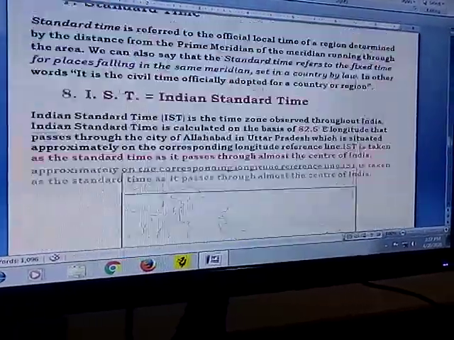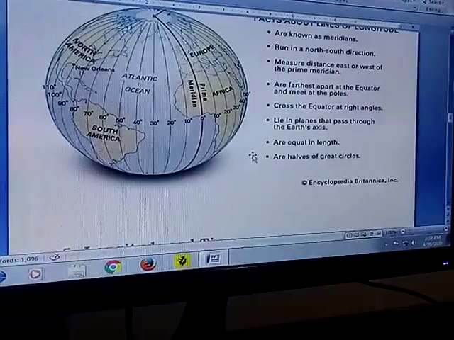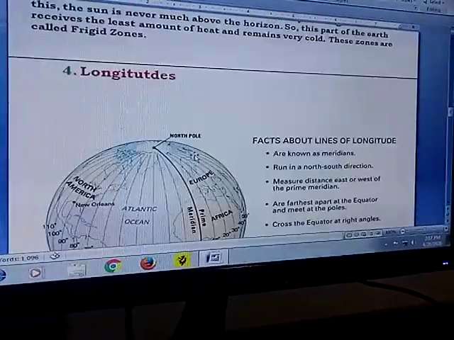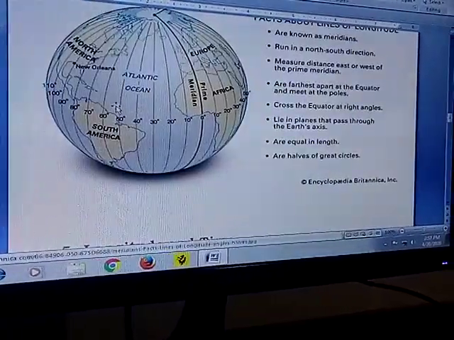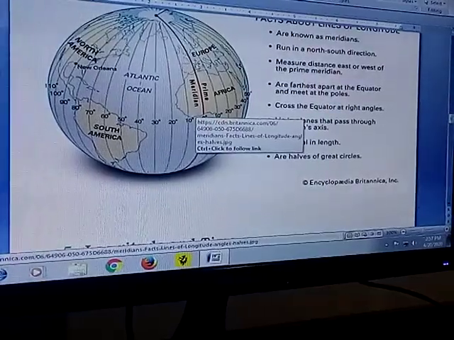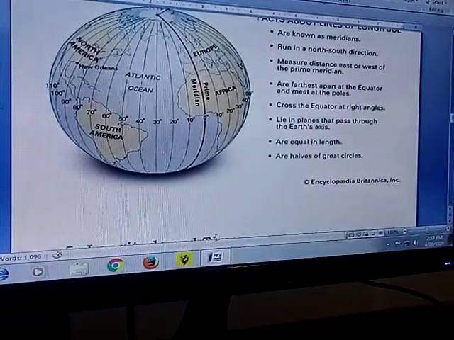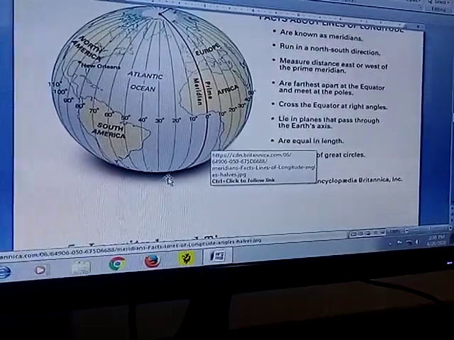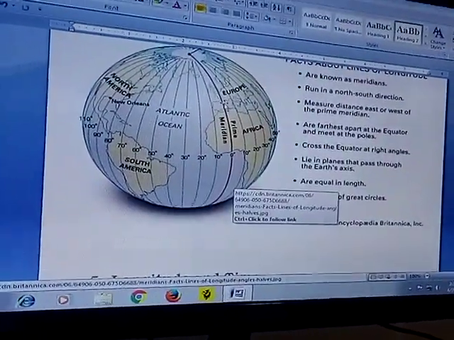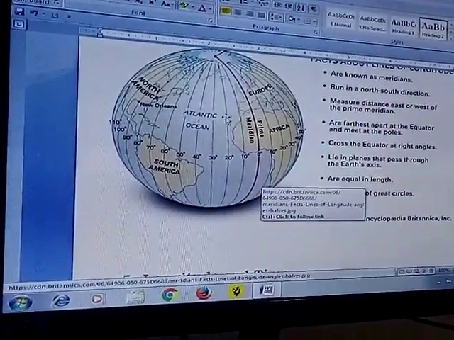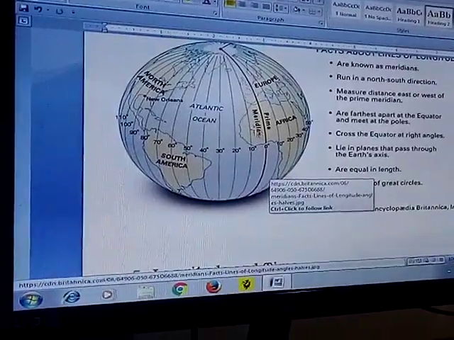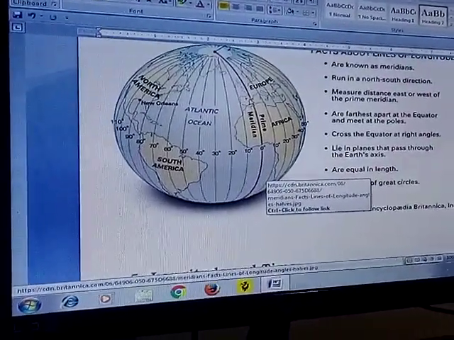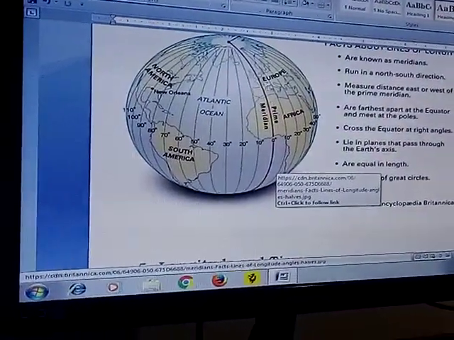If you look at the global map, 180 degree is not shown here, but suppose this is 180 degree. Now the international date line will start from here, then go around this place and come back again. This is how the international date line becomes a zigzag line.